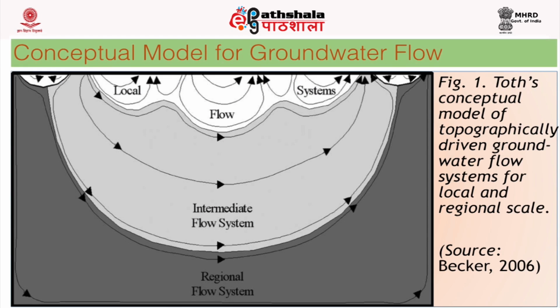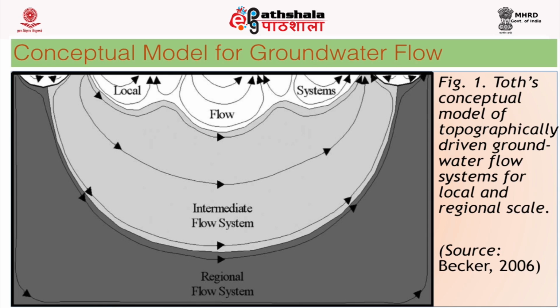For a groundwater flow model of an area, we need to know what the basic flow models of that particular region are. So, the conceptual model for groundwater flow, which is based on Toth's conceptual model, is that groundwater flow is topographically driven, for local and regional scale.